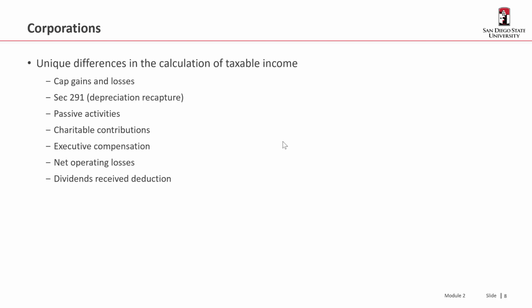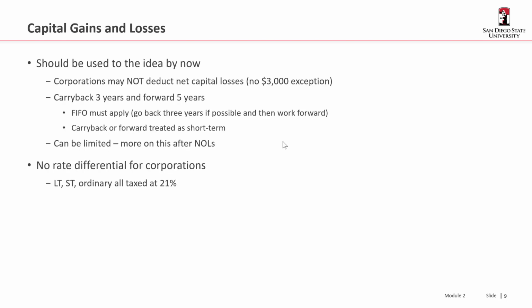There are some limitations on executive compensation for public companies, and the NOL rules are really the same. We've covered those as it relates to individuals, so that should be fairly redundant. And they do have this thing called a dividends received deduction, and so we'll go through each of those in a little bit so that you can see how those differ.